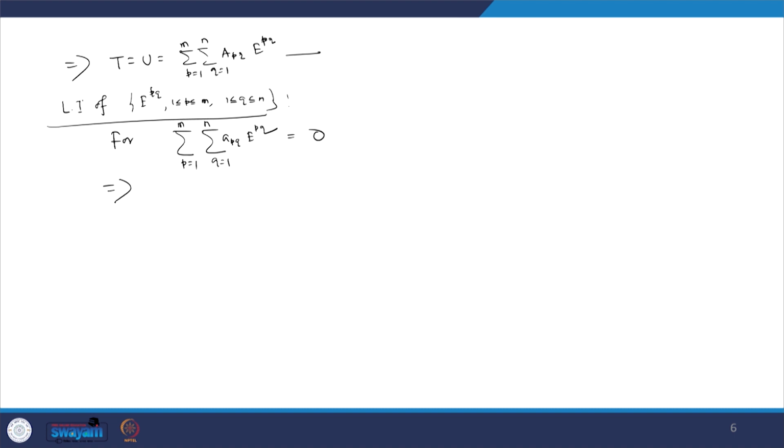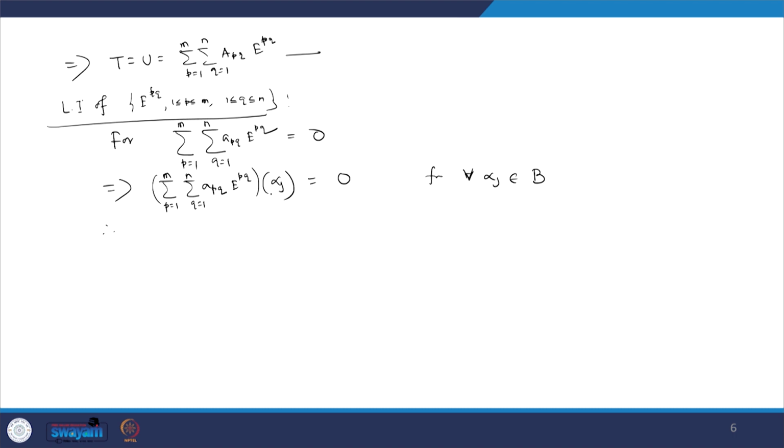This means the sum of APQ EPQ, operating on alpha j, is equal to 0 for all alpha j belonging to the basis B.